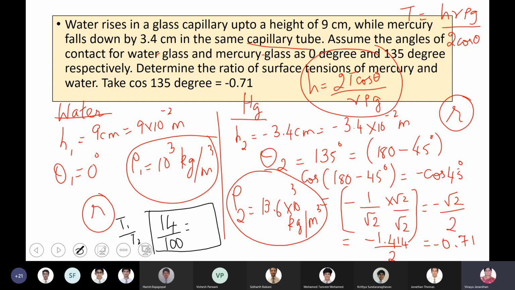Anyone else who has got the same value? Shakshal, what is the answer? Yusuf? Yes, ma'am. Okay, what's the answer, Yusuf? Still calculating? Okay.